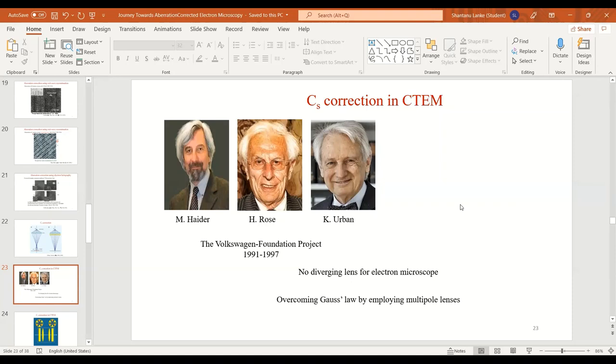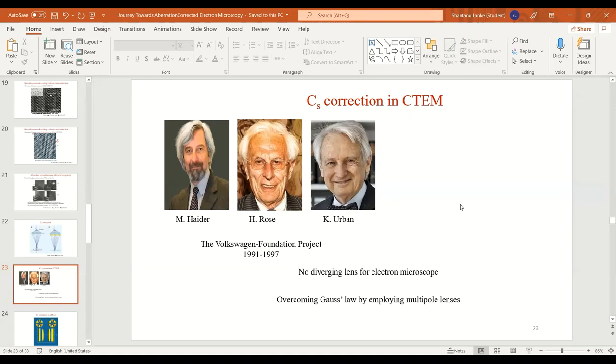If you have a rotationally symmetric lens or round lens, it is always going to converge the electron beam. So you're always going to end up with a positive CS value, and we have to compensate that somehow with a negative spherical aberration coefficient.